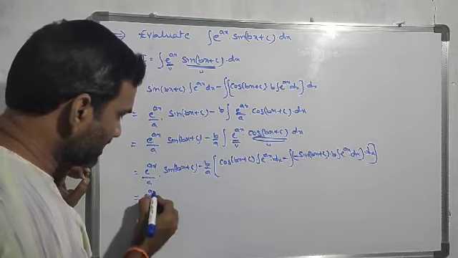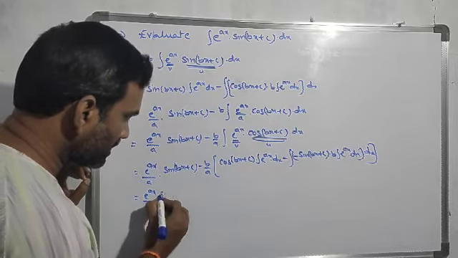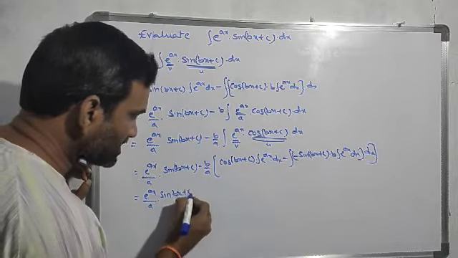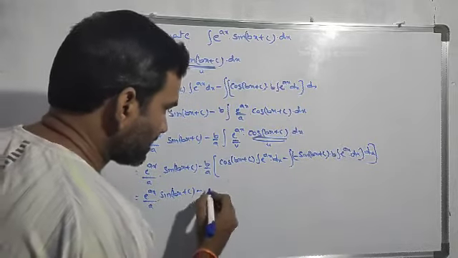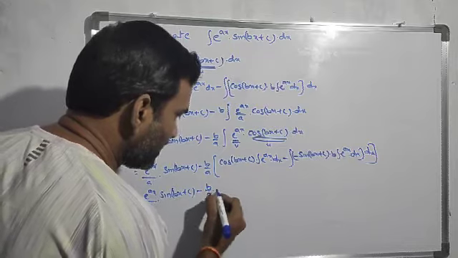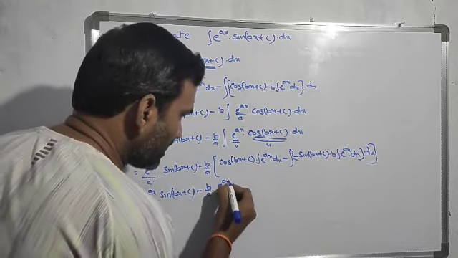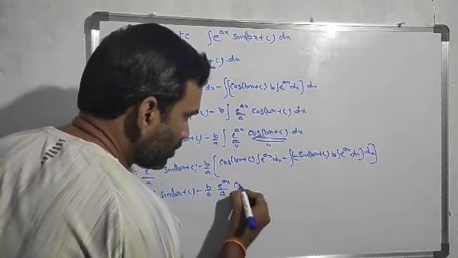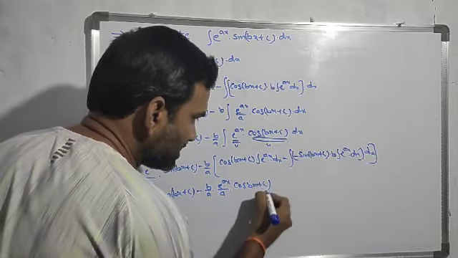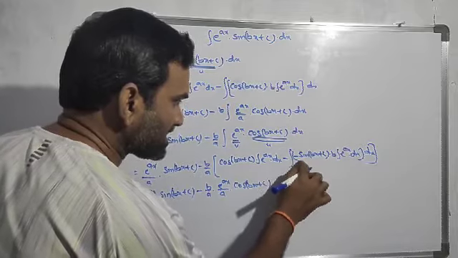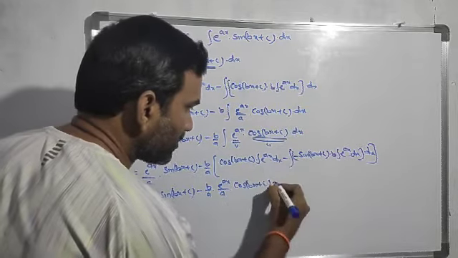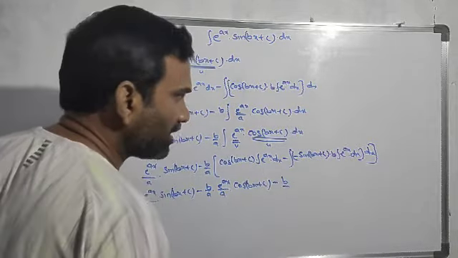So e power ax by a sine of bx plus c minus, applying here, b by a into e power of ax by a into cos of bx plus c. Minus of minus is plus, so plus into minus gives minus b by a.